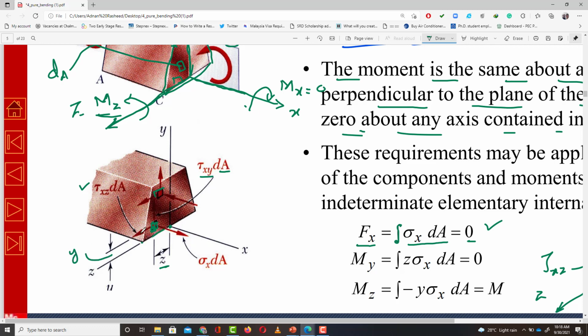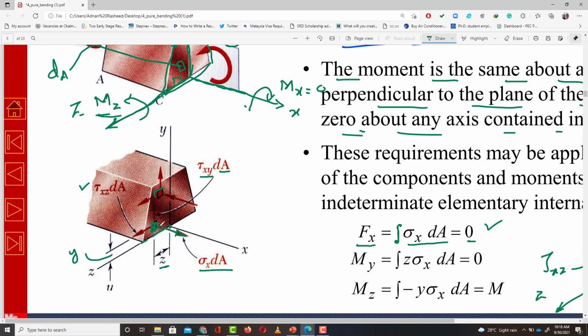It is y units above this axis. Clear? So now the moment about this stress, this normal stress, this is the normal stress sigma x, and this sigma x times dA is the normal force.